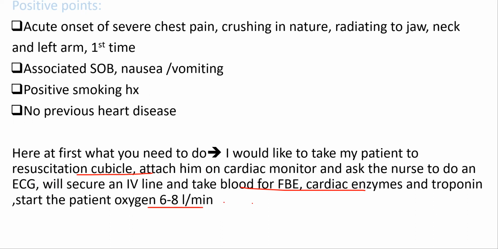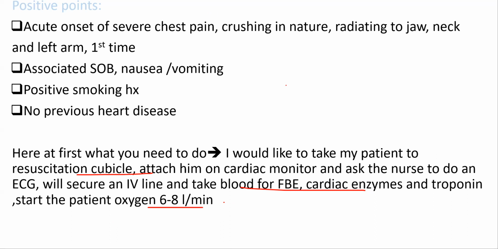So you can say that because I can see the ECG shows ST elevated MI, I would like to take my patient to the resuscitation cubicle, keep him under close observation, ask my nurse, or you can say, secure 2 large bore IV cannula, take the blood for necessary investigations, and also I will start the patient on aspirin.